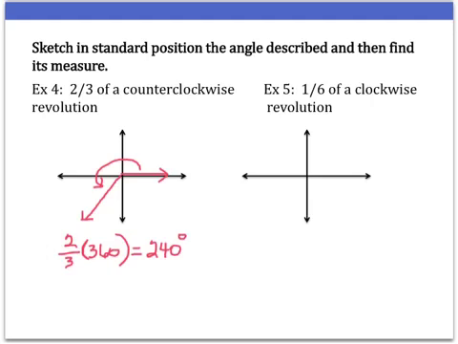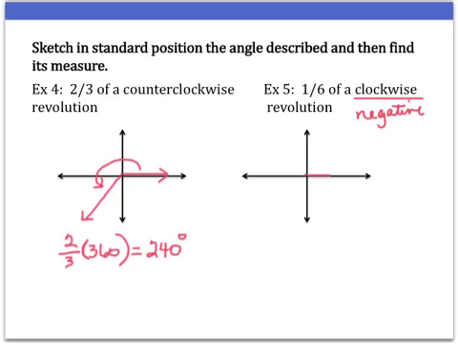Now 1/6 of a clockwise revolution means you're going to have a negative measurement. So if we could divide this up, this motion right here, that's 1/4 of a revolution, so 1/6 is smaller than that.